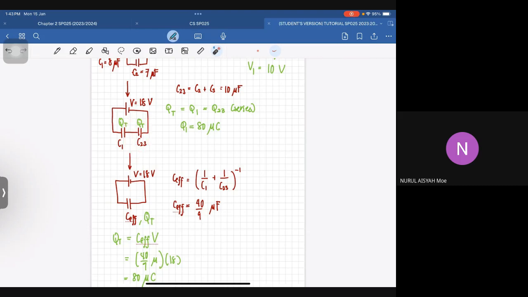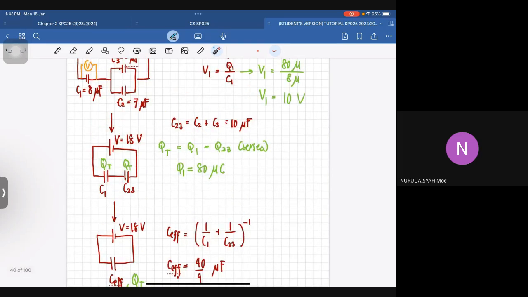However, this is not the charge for each capacitor. The question now asks us to find Q2 and Q3. We only have charge 2 and 3 combined.